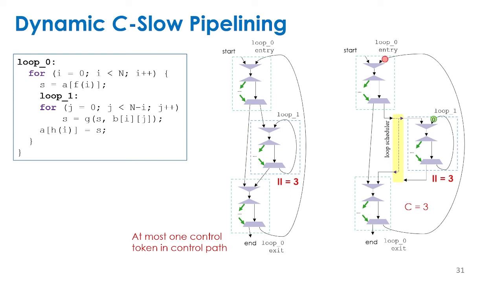Then the second iteration of loop 0 starts its instance of loop 1 in parallel with the first iteration. And the third iteration of loop 0 has also started. This repeats until there are 3 tokens in the inner loop, and the fourth token is blocked by the scheduler until the first token exits the inner loop.